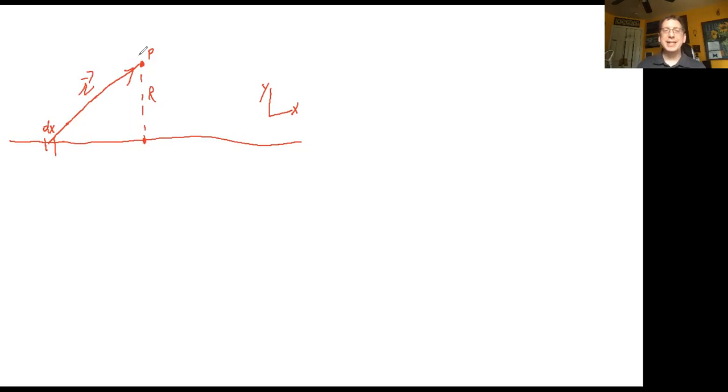And the vector r, and we talked about this last time, points from a differential element of charge to the point where the field is being evaluated. So we will define its x coordinate, in this case would be negative x, because I've drawn it to the left of the origin.